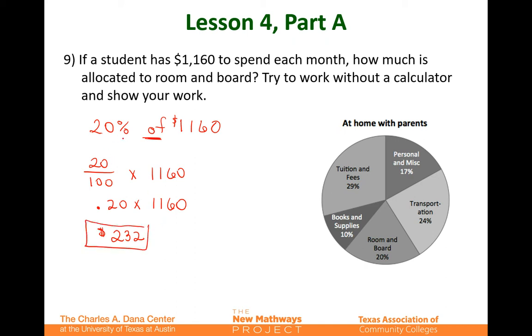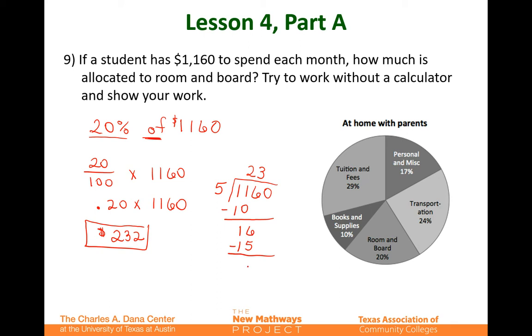Now, if you're aware that 20% is 1/5, the other way you could do it is say, well, I'm going to do $1,160 and I want 1/5, so I'm going to divide by 5. 5 goes into 11 twice. Bring down, we subtract, so 16. 5 goes into 16 3 times. 3 times 5 is 15.